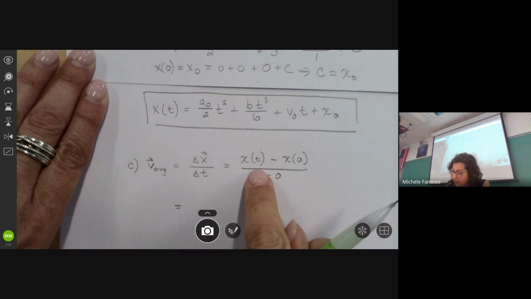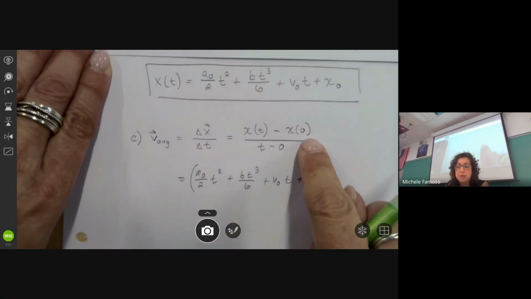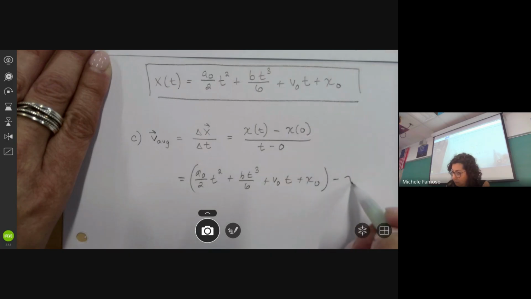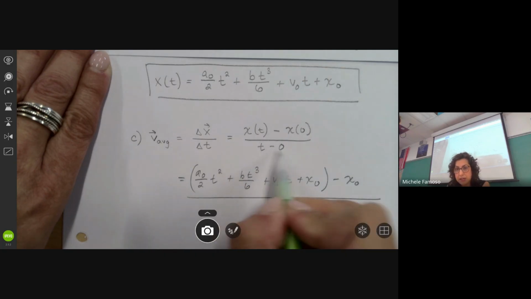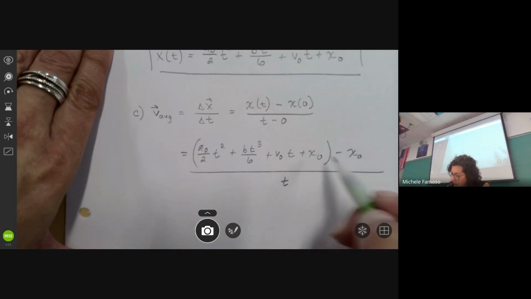So what is my position at time t? It's that. What is my position at time 0? It's x0. What is the difference in the time? T. So what happens here? This and that will cancel.